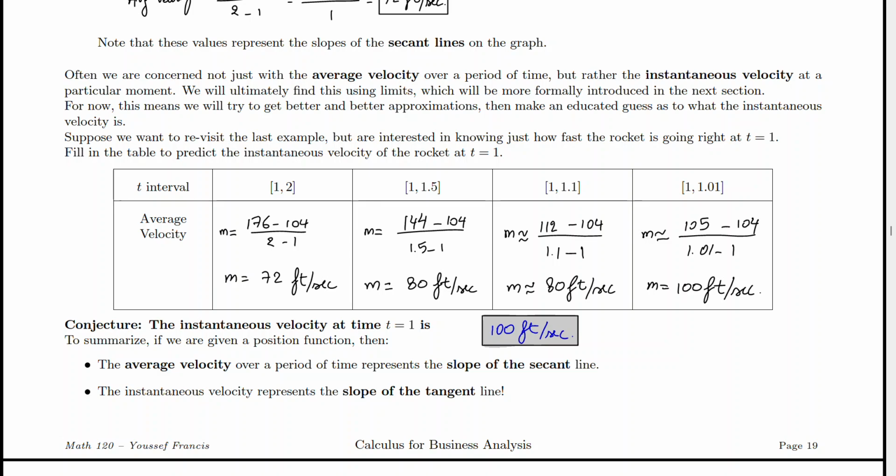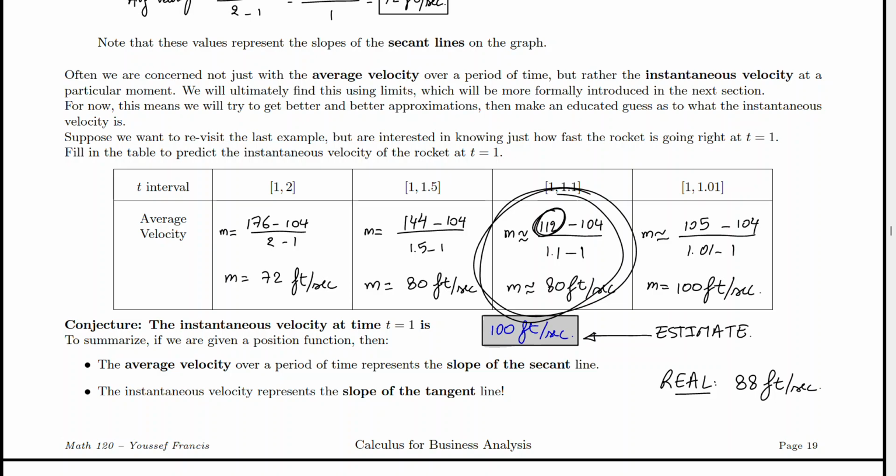Okay, by the way, in reality, this is an estimate, but it's going to be off from the real thing. I know a little bit more calculus than you do at this point, and I know that the real answer is supposed to be 88 feet per second. And why are we off so much? Again, that's because we rounded here. Remember, this 112 wasn't supposed to be 112.